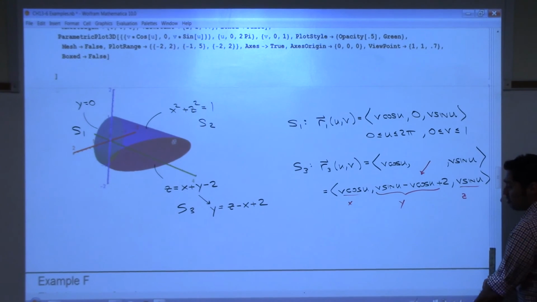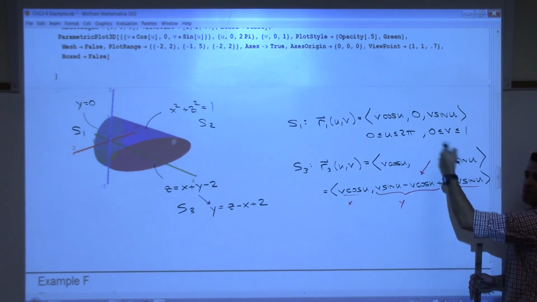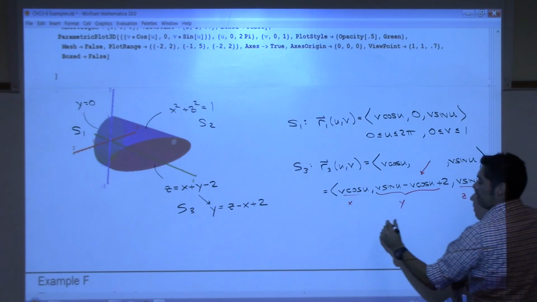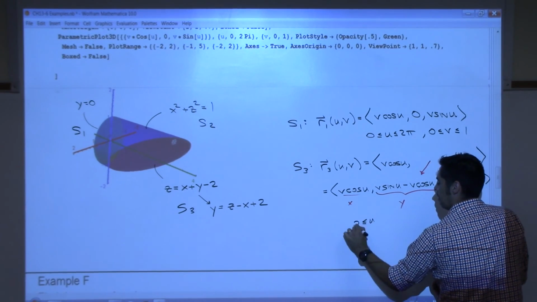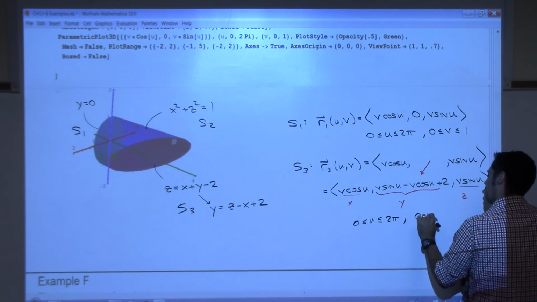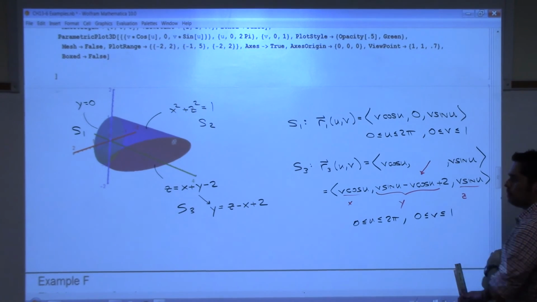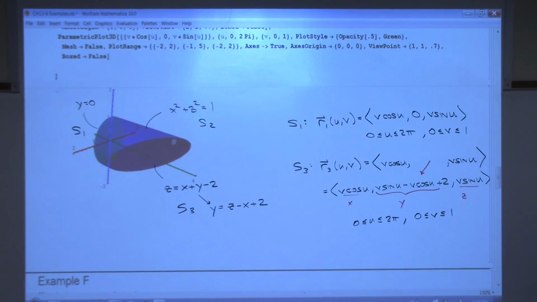What about the restrictions? Same exact restrictions. Okay. All right, we good?